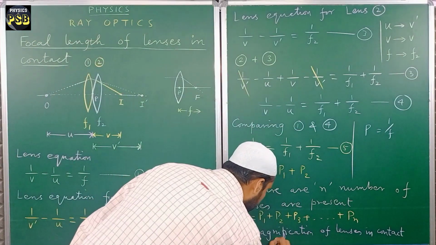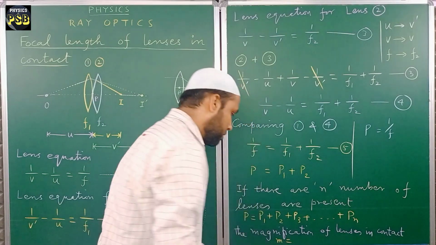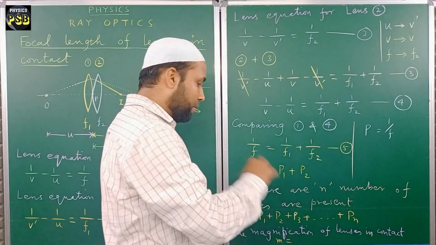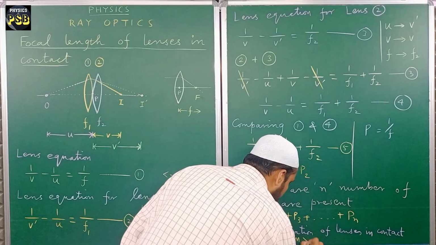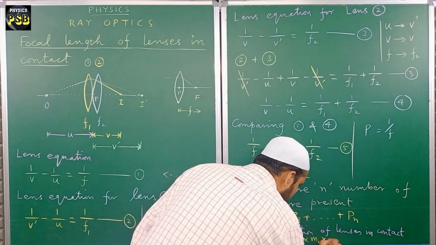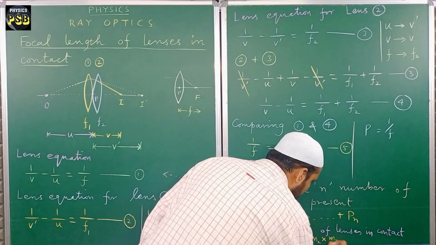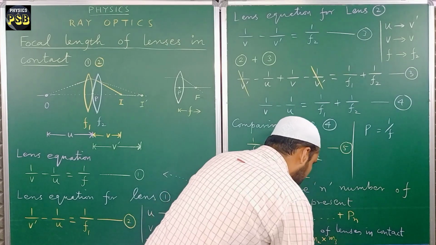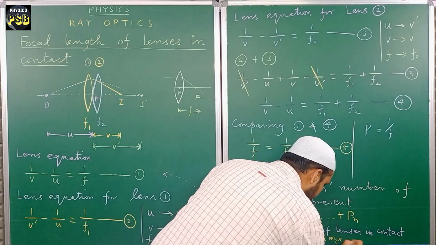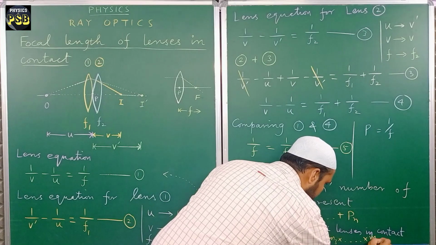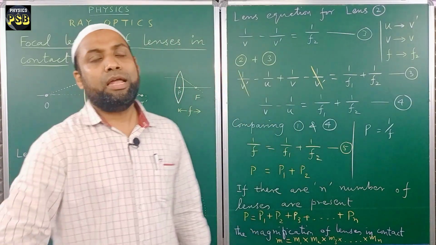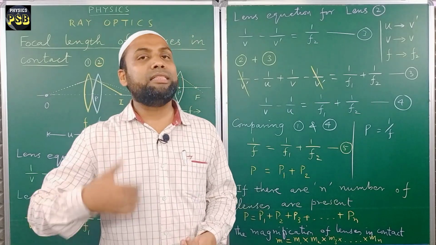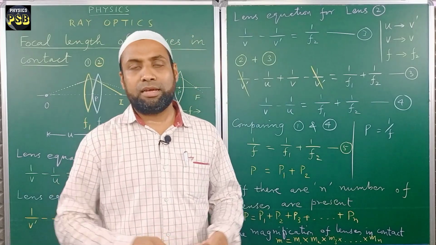Suppose m is the total magnification, then it will be equal to the product of m1, m2, m3, and so on up to mn. This clearly shows that when we place lenses in contact, their magnification gets multiplied.